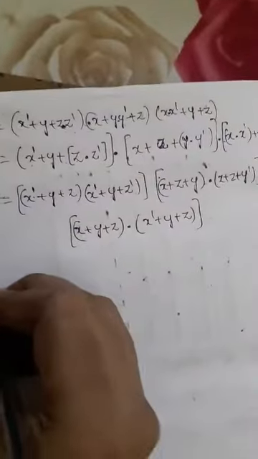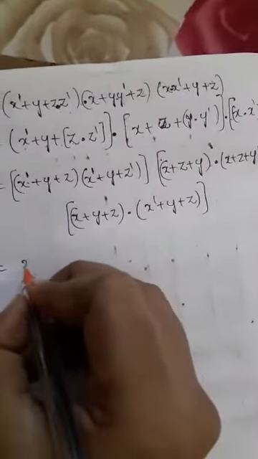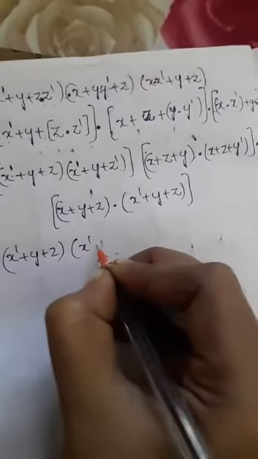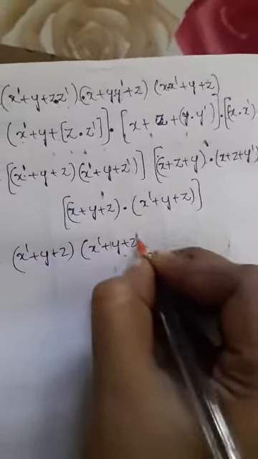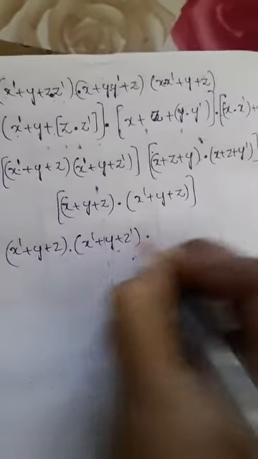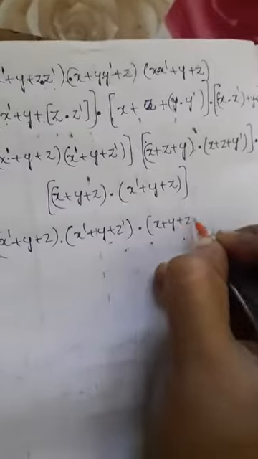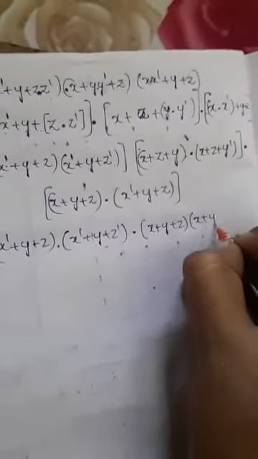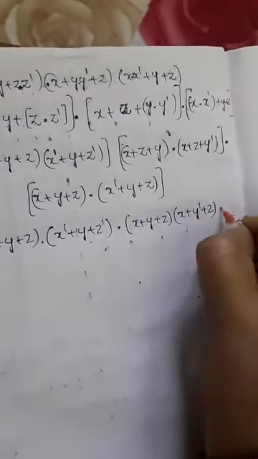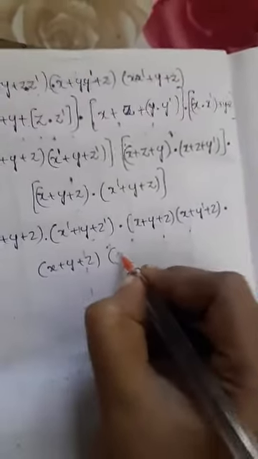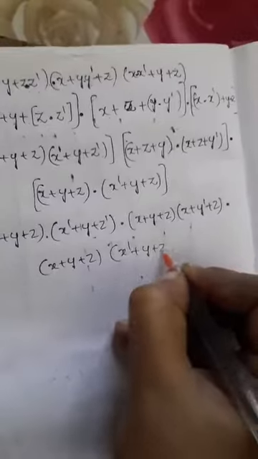Now rewrite this: x complement plus y plus z, x complement plus y plus z complement. In between each term we have the product: x plus y plus z, x plus y complement plus z, into x plus y plus z and x complement plus y plus z.